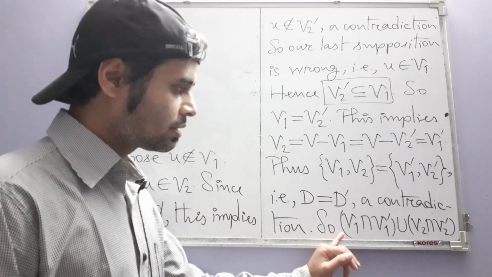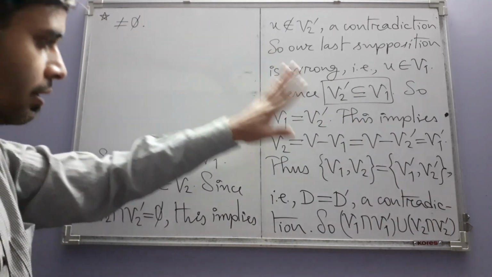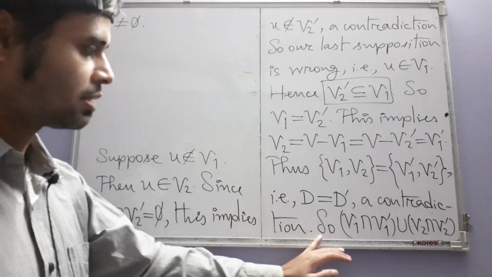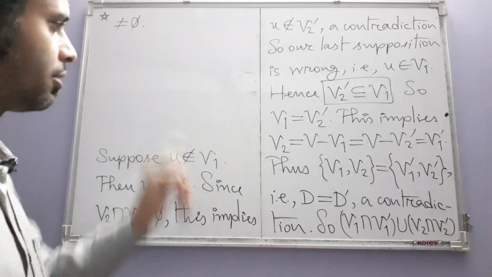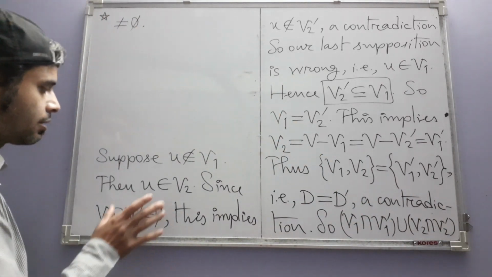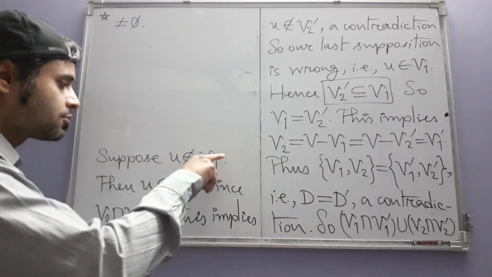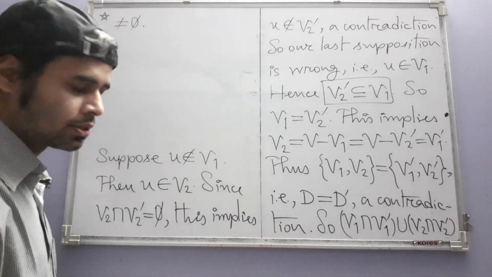At one point we supposed that this union is empty, and now we have arrived at a contradiction, and that makes us conclude that that is not true. The union must be non-empty. But do you see that within that supposition we have again supposed something else? So it's a supposition within a supposition.